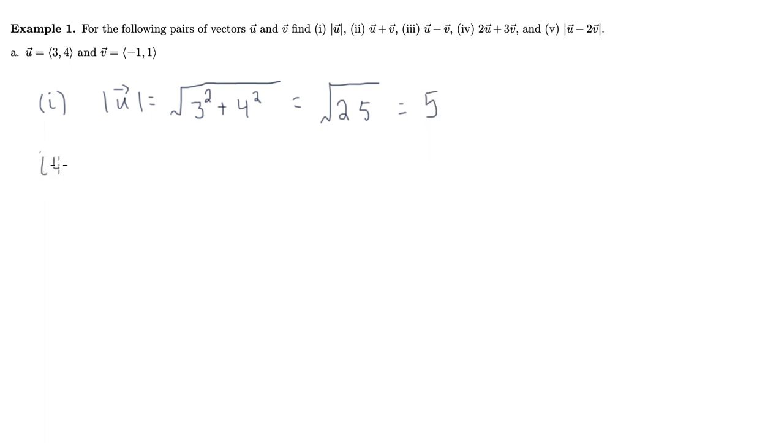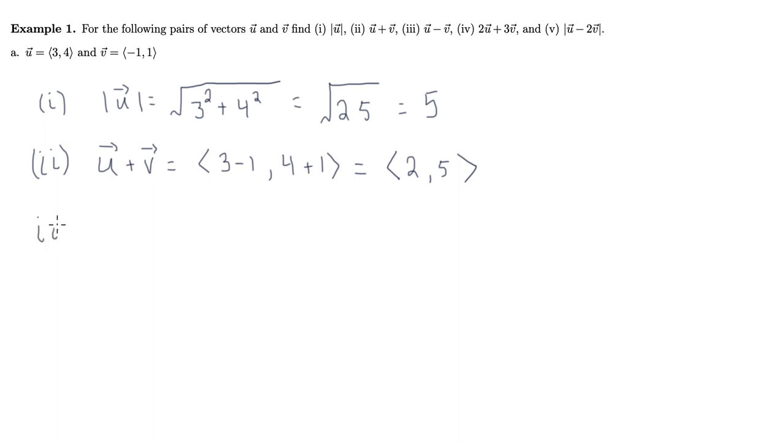So next, we just want to find u plus v. Okay, but we know how to do that. We just add the components. So we take 3, and then we're going to subtract 1. And then we take 4, and then we add 1. And so we'll get 2, 5.